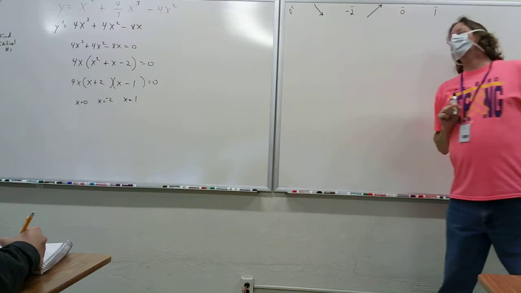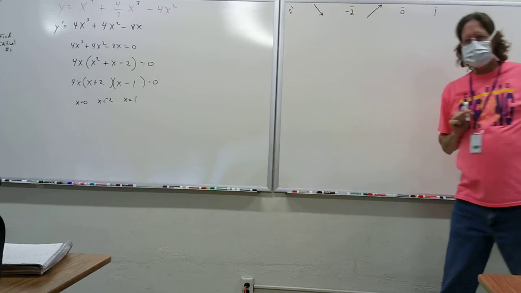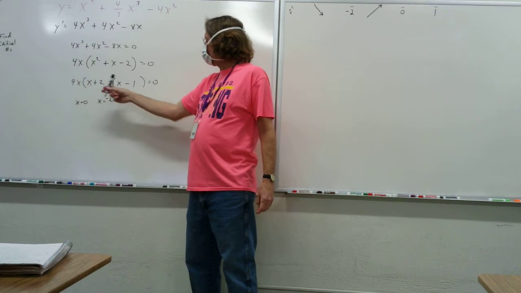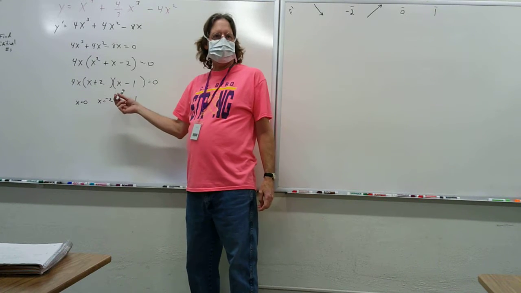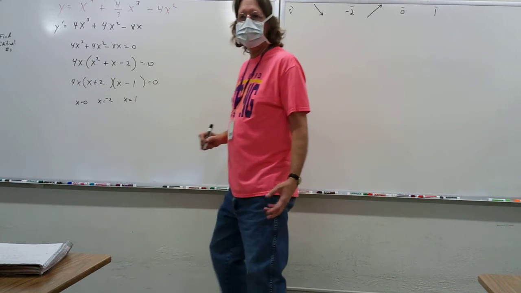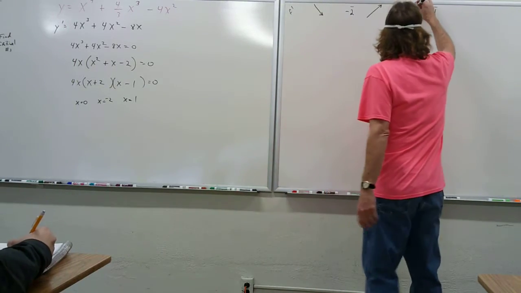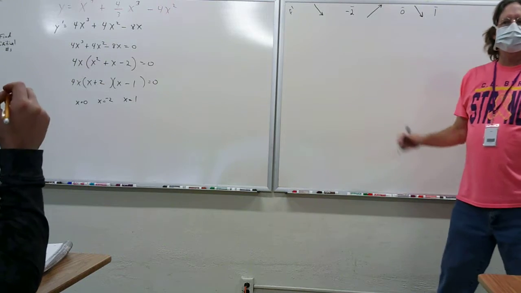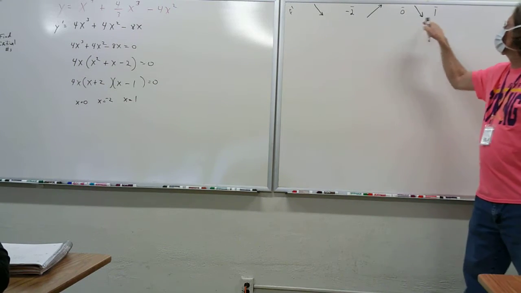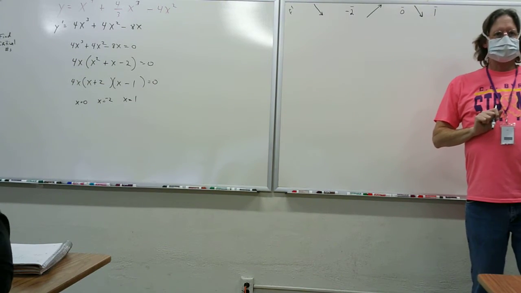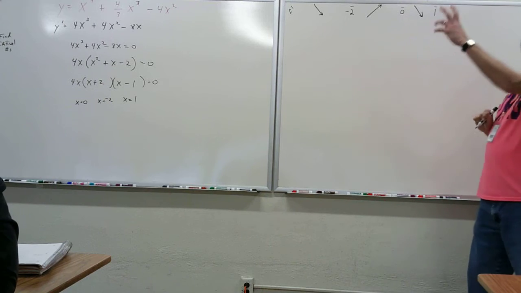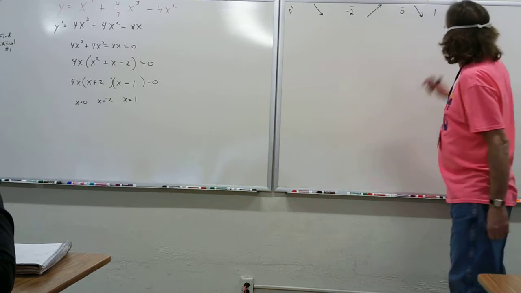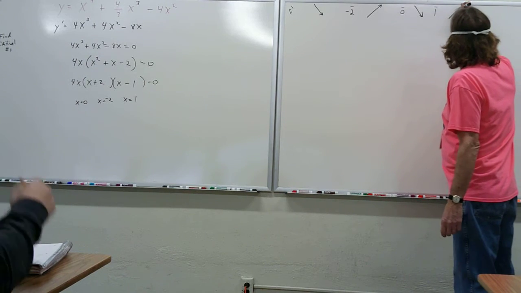Pick a number between 0 and 1. 1/2: positive, positive, negative. Multiply those together and you get a negative. Notice, I am using the information I gave you about the first derivative to make a chart of what the original is going to look like. Pick a number bigger than 1. 2: positive, positive, positive, goes up.